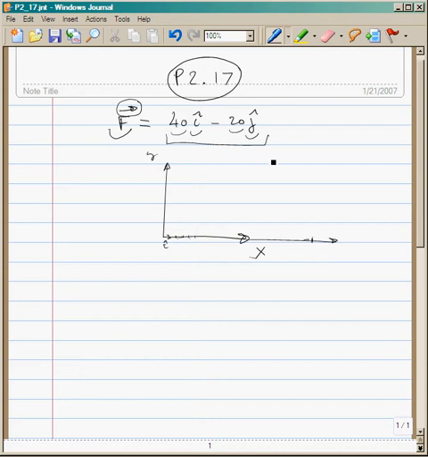And J is a line along the Y component, but it has a negative sign, therefore you want to go in the opposite direction. So if J has the same length 1 as I, you go minus 20 in the negative direction, and this should be your vector F.